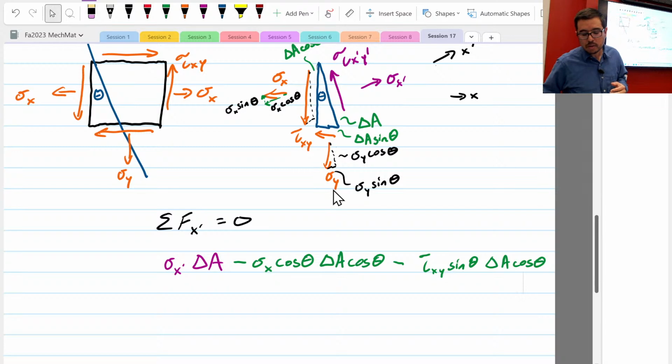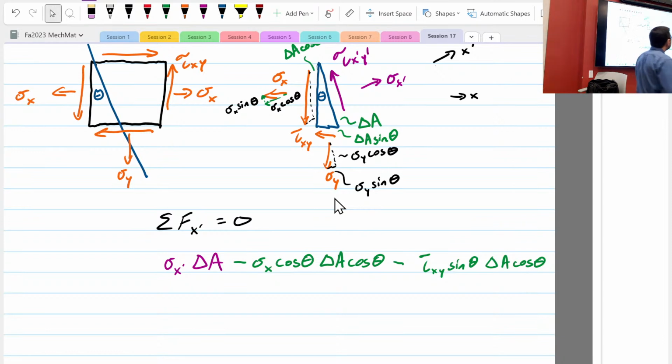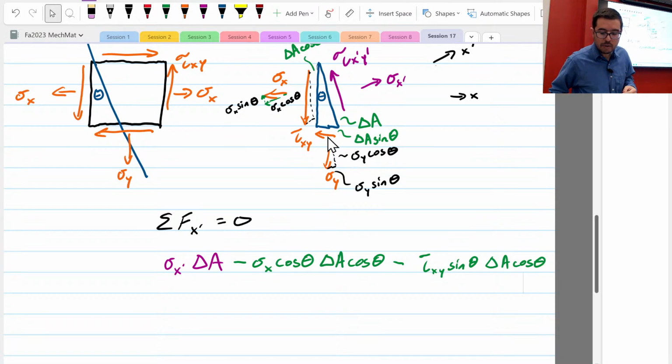Let's do sigma y first. What is sigma y's contribution in the x prime direction? Well, you have to decide whether it's negative or not. Remember, we follow the arrows. We're coming down, and then we're going to the left. Coming down, going to the left, so it's going to be a minus.